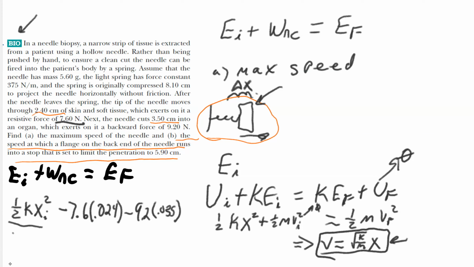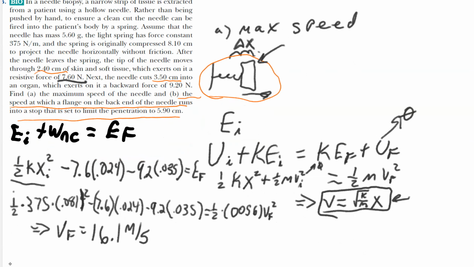All of that equals the final energy. If you punch in the remaining numbers, you get something that looks like this. The only significant thing I did was for energy final, I said that it's all kinetic. You've done all the work that you're going to do, and so what you're left with is kinetic energy. And if you solve for v, you get 16.1 meters per second.